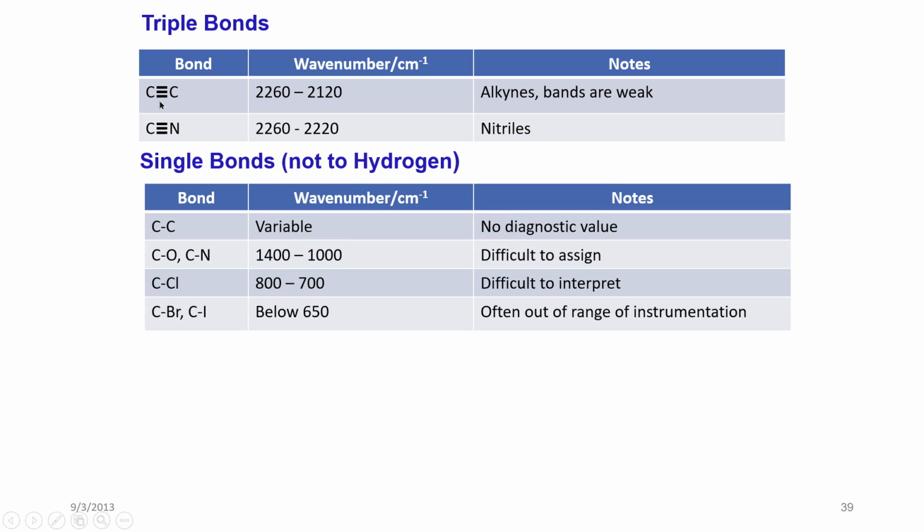So, the carbon to carbon triple bond in alkynes will occur at 2260 to 2120 per centimeter.